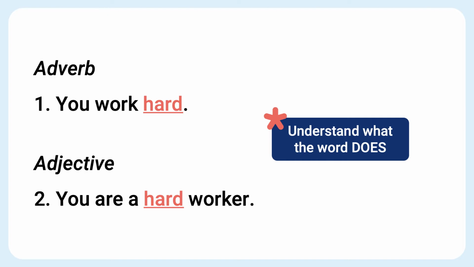Why? Because what it's doing is adding information to the noun. It's describing the noun worker. You're a hard worker. What type of worker are you? A hard worker. So you need to understand what the word does in order to identify what type of word it is.